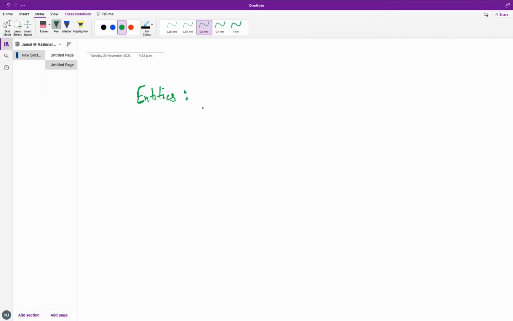For example, we want to make a student management information system, MIS. Then obviously the important entities would be students, right? Student would be an important entity.